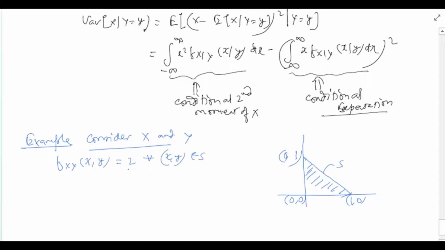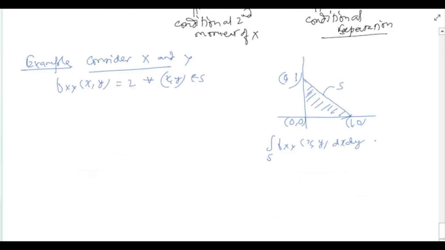The reason to pick 2 here is that we need to satisfy the following condition: the integral of f xy, xy, dx dy over this whole region should be 1, and this region itself has area half, so we need to pick this to be equal to 2 to make this whole integral 1. So this is the joint probability density function of x and y. From the joint probability density function we can compute the marginal density of y as follows.